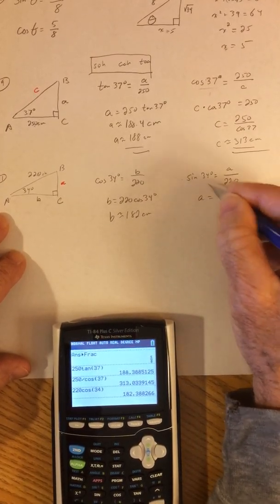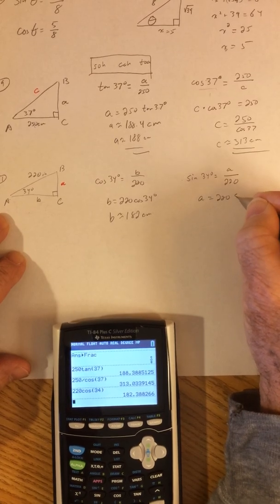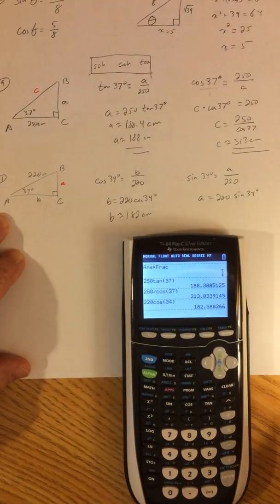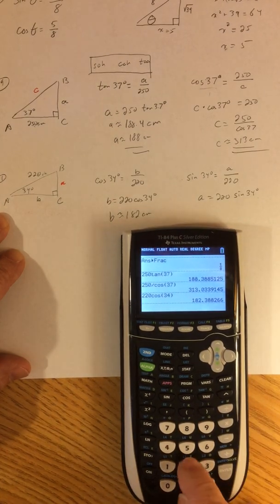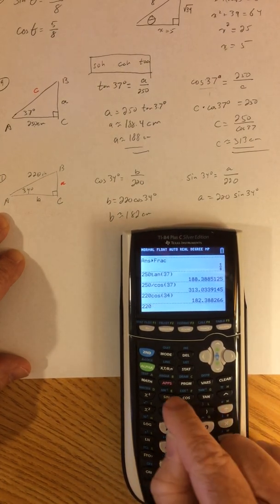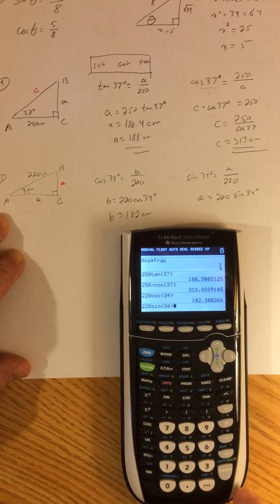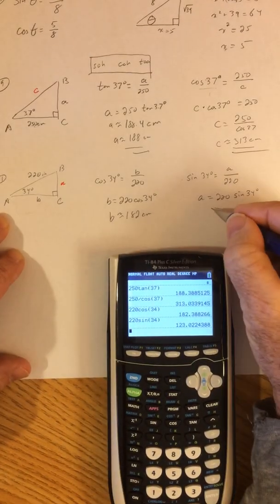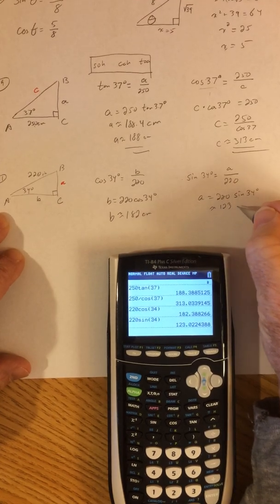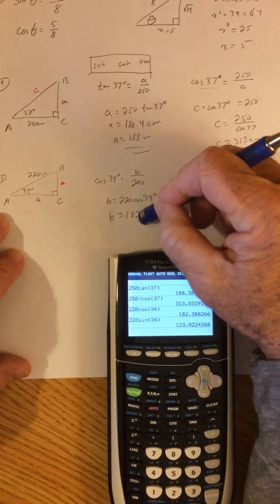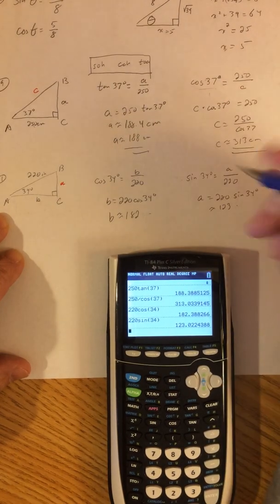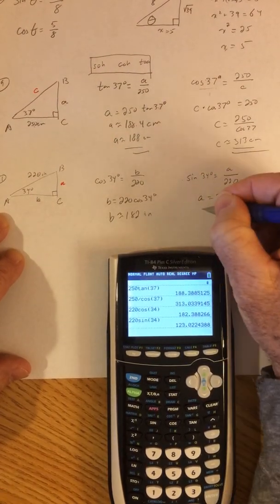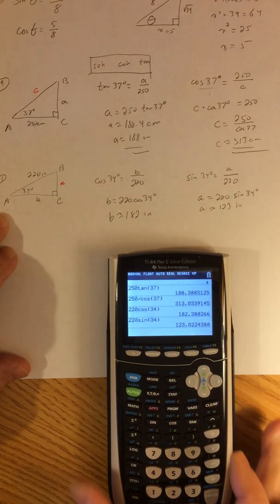A times 1, 220 sine 34. 220 sine 34. 123.0, or approximately 123. Oh, these are inches. I should change that. Inches. Units are important.